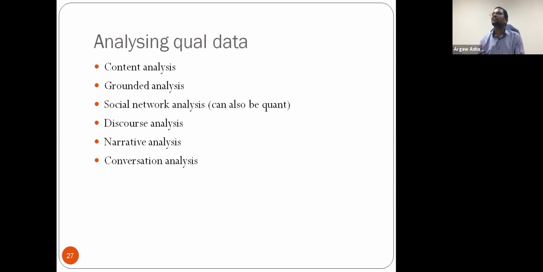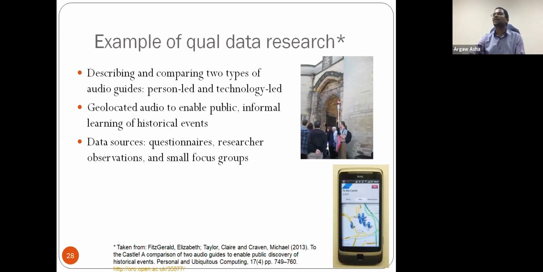Whenever we are analyzing qualitative data, we have content analysis, grounded theory, social network analysis, discourse, narrative, and conversation analysis. Here are some examples of qualitative data. For instance, if you see these two pictures, let us say these are tour guides.